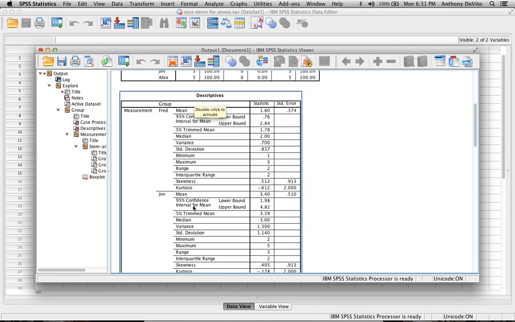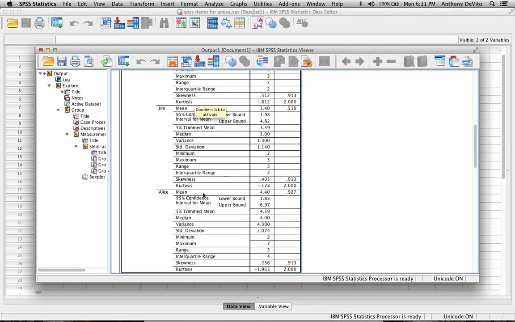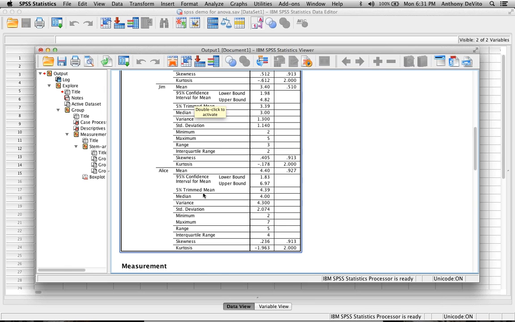Well, I've left something out here, haven't I? I haven't tested Fred against Alice, so we'd have to do a t-test 3 times with 3 groups in order to test all the possibilities to see if the means are significantly different, right? If I had 4 groups, how many t-tests would I have to do?